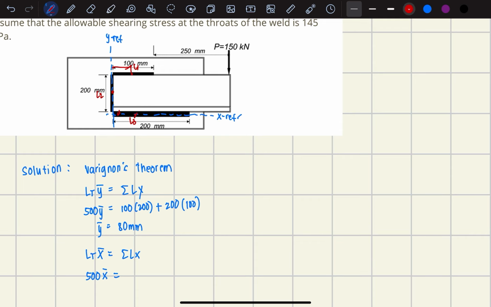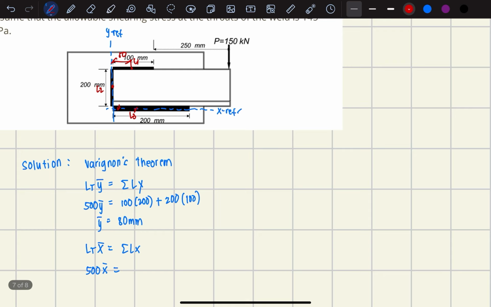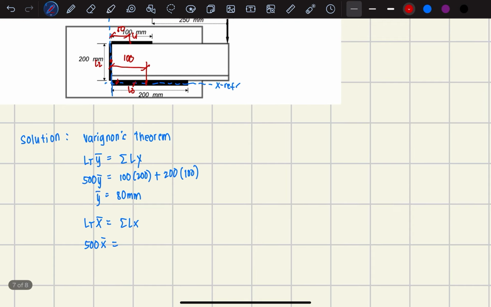Then, yung X niya is magiging 50 kasi yan yung centroid. Yung L2, wala siyang X. So, makakancel out yung L2 natin times X, kasi exactly located siya dun sa Y reference. Then, yung L3 natin, nandito yung centroid niya. Then, yung X niya, papunta dun sa Y reference natin is kalahati ng 200, so 100.